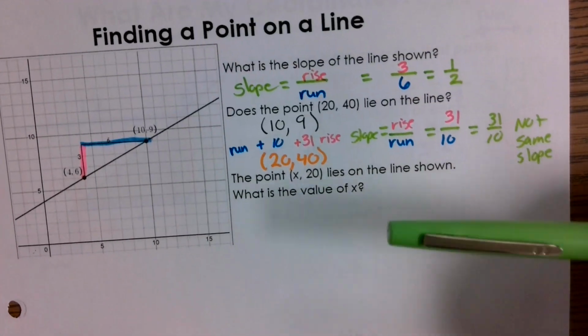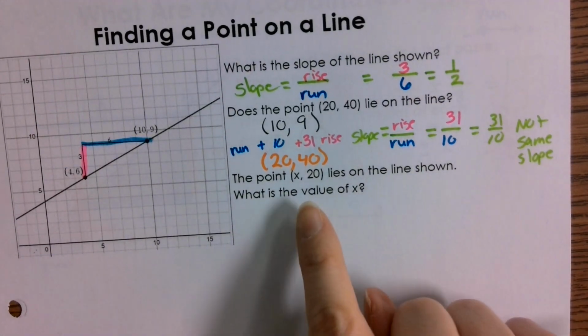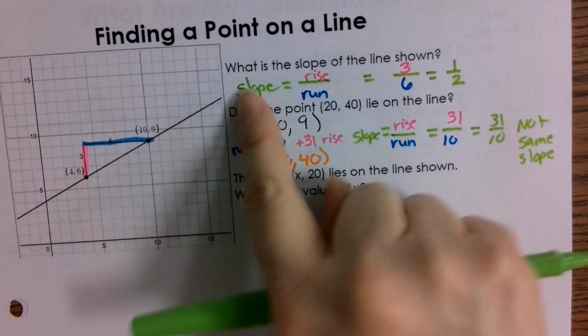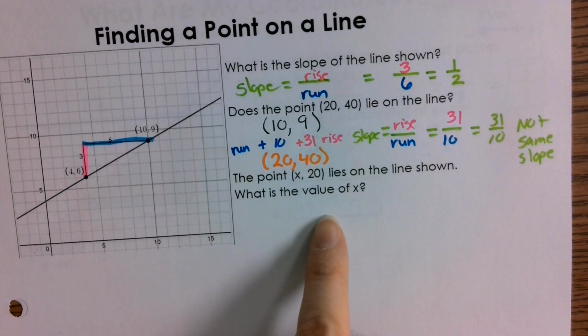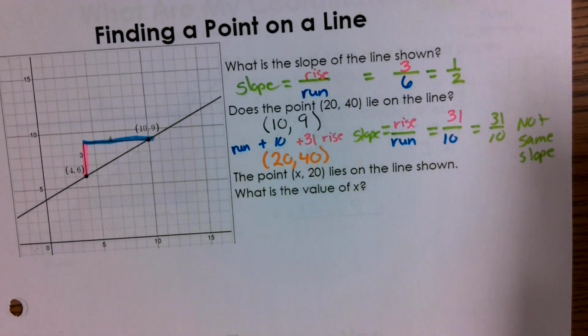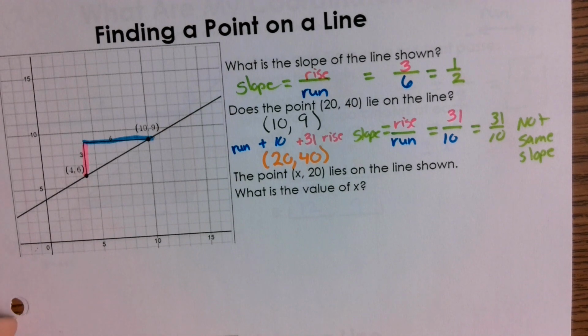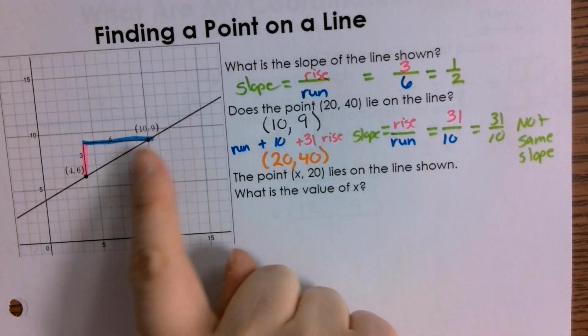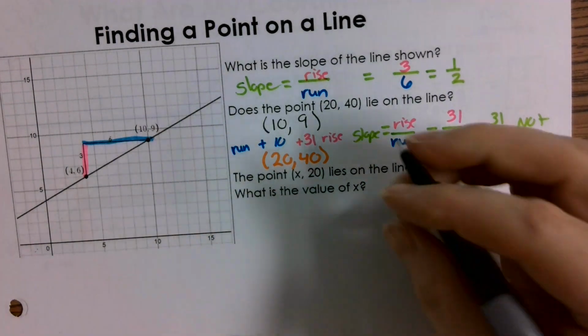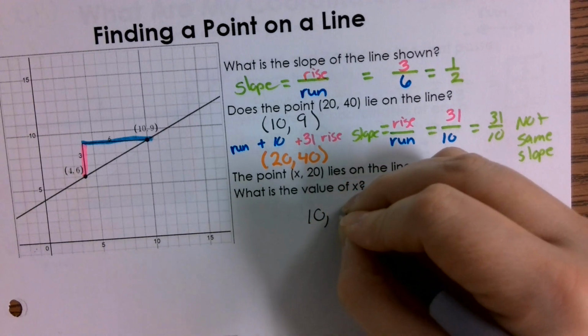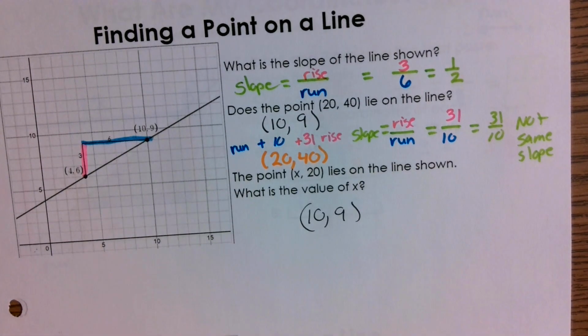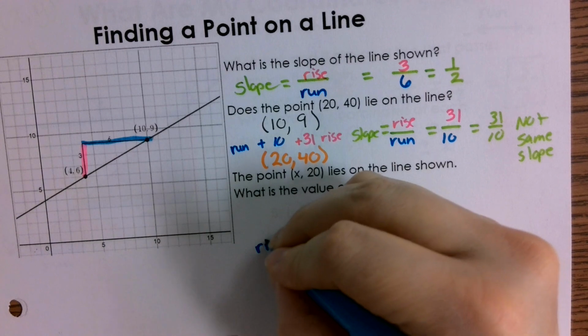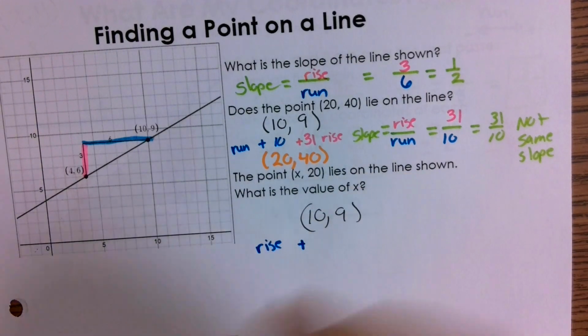Now what we do want to know is, if the point (x, 20) falls on this line, what does the value of x have to be in order to create a slope of 1/2? Okay, so I know that I have the point (10, 9). I know that my run is going to have to increase by something. I know that my rise is going to have to increase by something.